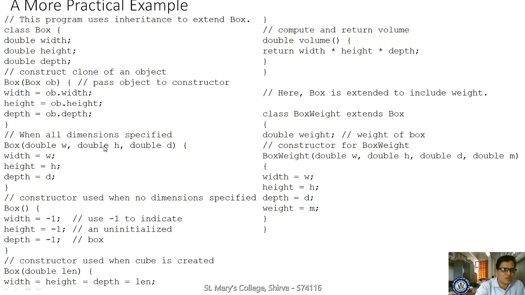Here I am supplying the parameters, and I am initializing the variables with these parameters. And one more constructor, a default constructor with no arguments. It is called the default constructor without arguments. Then you are assigning width equal to -1, height equal to -1 and depth equal to -1.